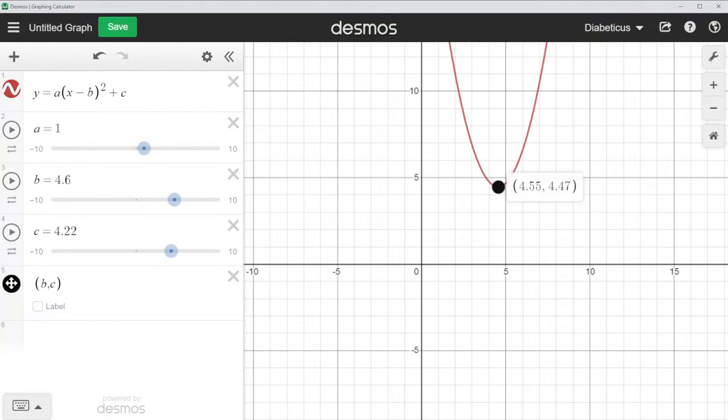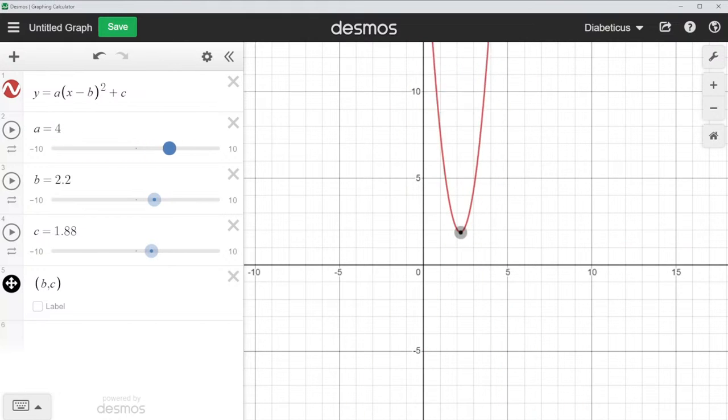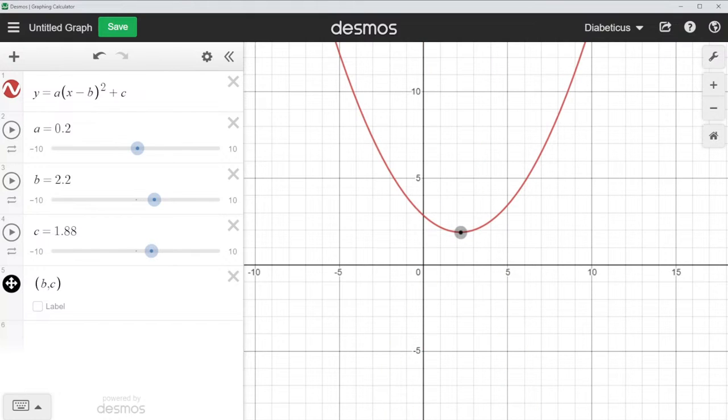And a is just up or down, the stretch or amplitude, whatever the right word is for what a does to the parabola. Whether it stretches or compresses. Thank you, brain.